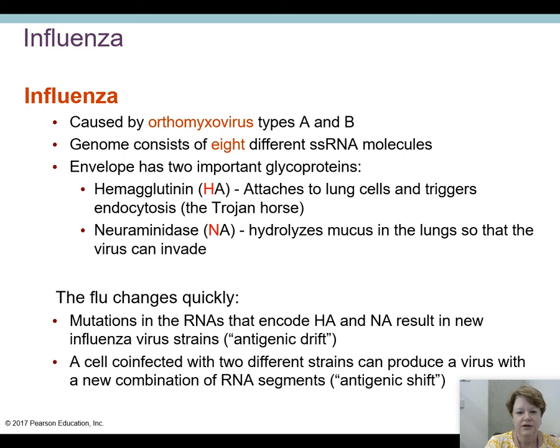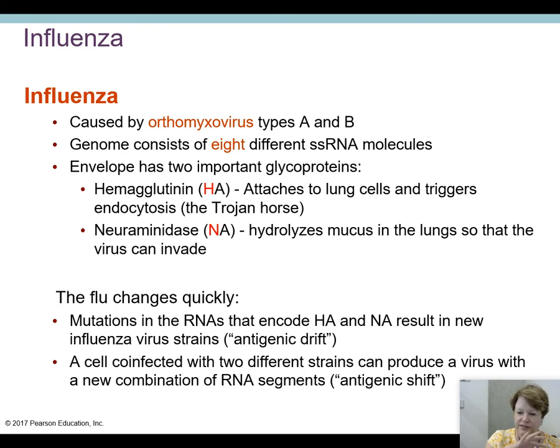And so if the mutations happen in the genes for HA or NA, then we get a new strain. So last year, maybe we had H1N1, maybe this year we'll have H1N2 or whatever. So the numbers signify particular mutation types that are known. That regular plain old mutation mechanism is called antigenic drift.